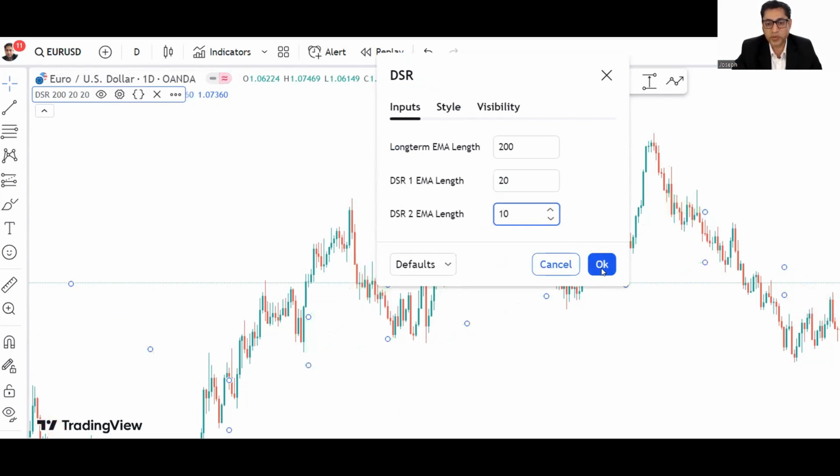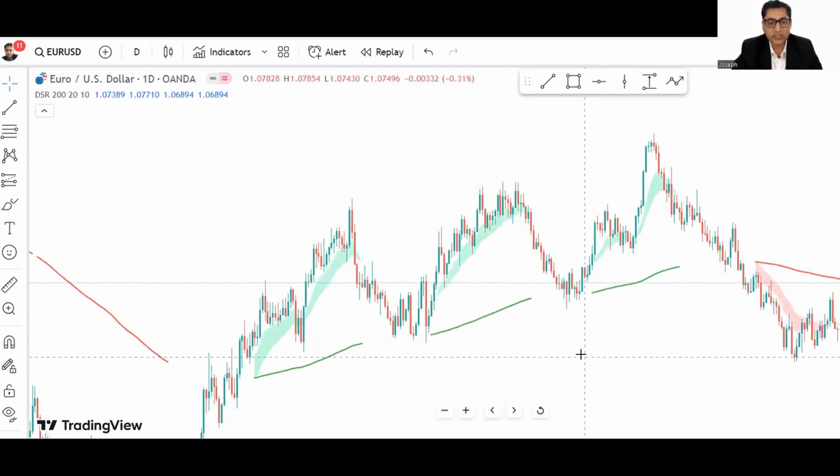There you go, it's 20 and 10. Every time the price is above the 20 and 10, you can trade for a buy, or if you're looking at a weekly chart or a monthly chart, you can invest for a buy. So this is the bonus tip which I told you I would be sharing.